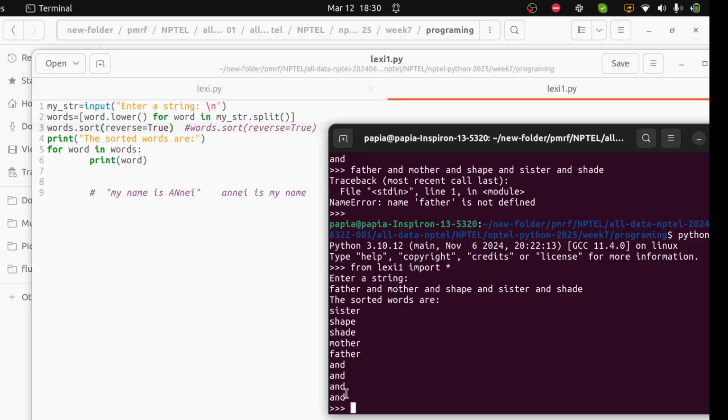For this reversing, we just write words.sort with reverse equals true. If reverse equals true, it will come in reverse order. And if I remove reverse equals true, it will come in lexicographic order. So this is the first question.